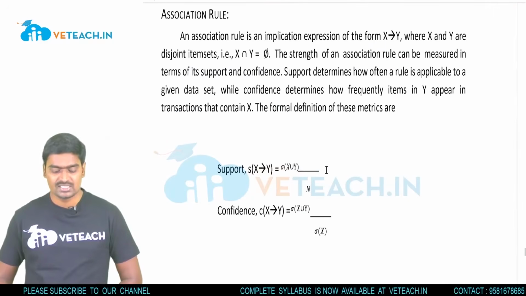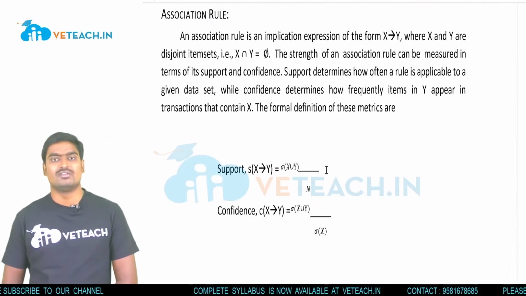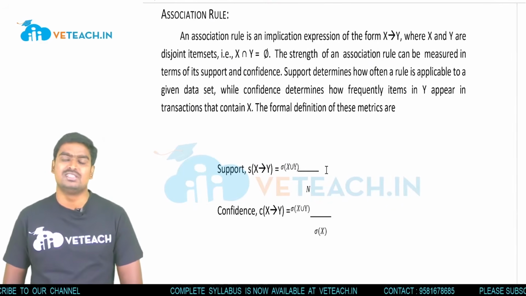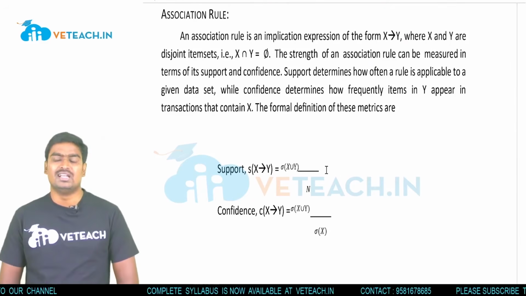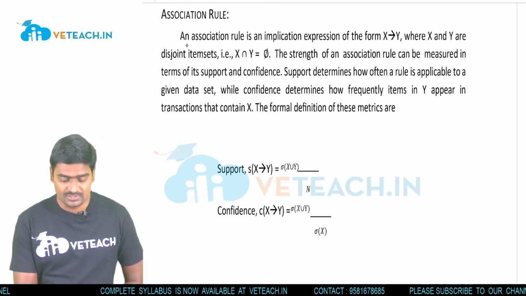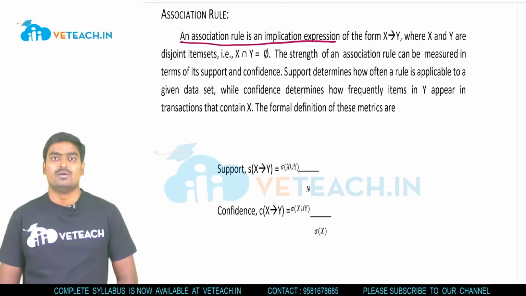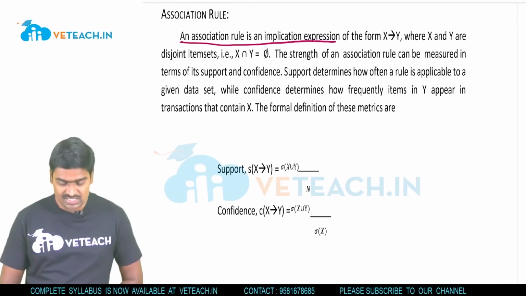The next one is association rule. What is the meaning of association rule and how is it implemented using this probability technique in data mining and data warehousing? First of all, an association rule is an implication expression.